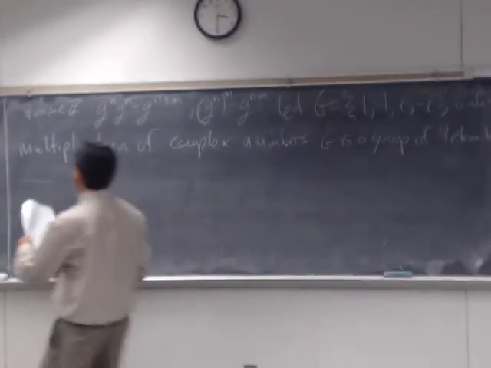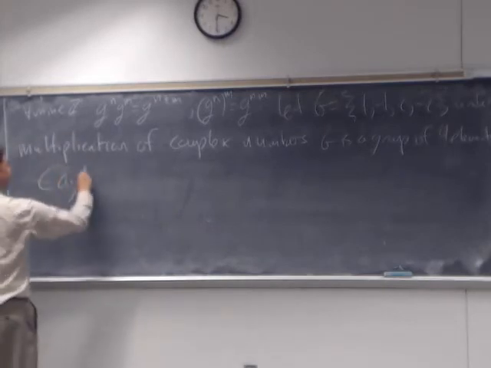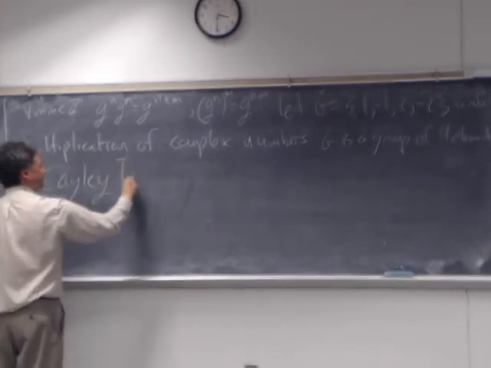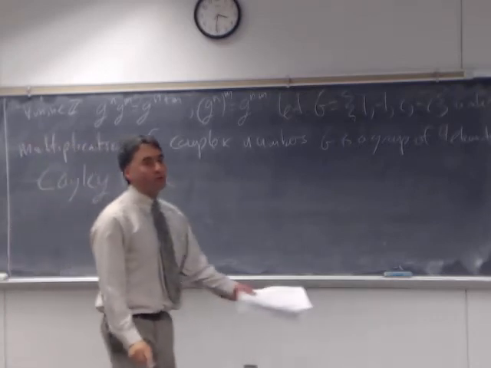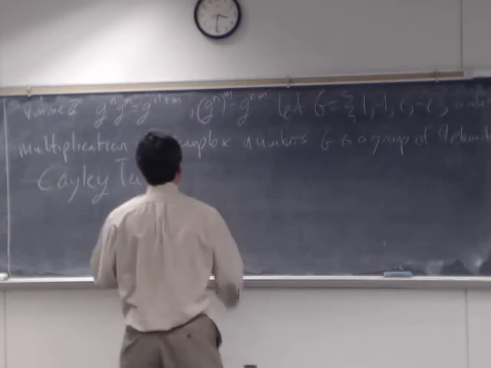And the way you can do that is to make a Cayley table. That's just a multiplication table for the group.